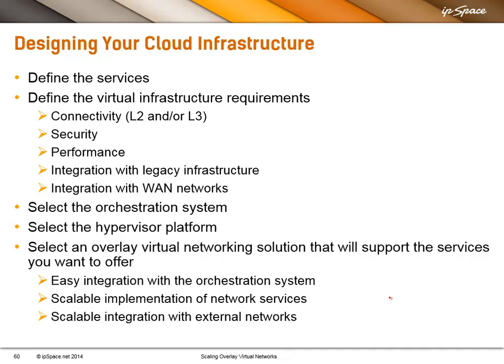It should have some scalable implementation of the network services, as I mentioned on the previous slide. And finally, you should be able to integrate it easily with the external networks, whatever external networks you have. Maybe you have to integrate it with the MPLS VPN that you are already running, or maybe it's good enough if you can just connect existing VLANs to the overlay networks.